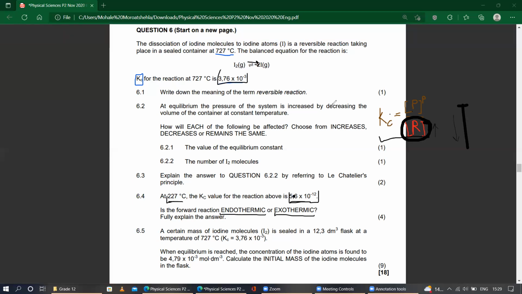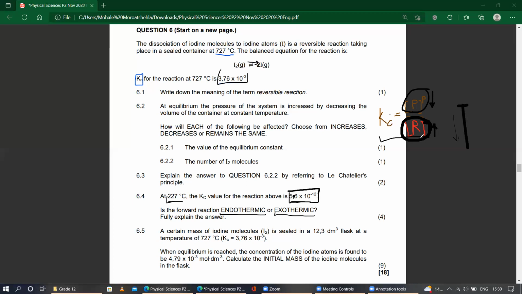Yes, sir. Okay? So since Kc has been lowered, that means the concentration of the products has been lowered, but that of the reactants has gone up. So we know that lowering the temperature supports the forward reaction, just from this equation right here.